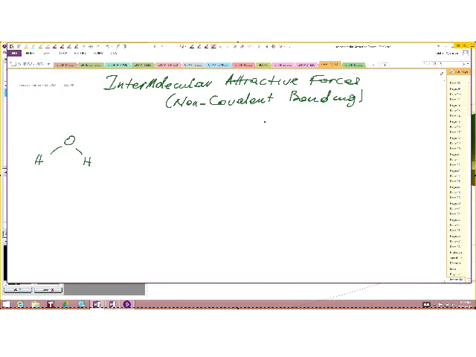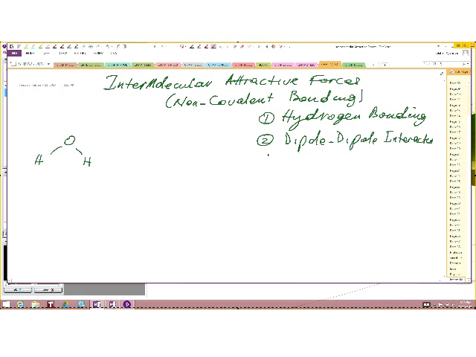So let me list these intermolecular attractive forces. One is hydrogen bonding, just as you guys have correctly said. Two is dipole-dipole interaction. Three, what we call van der Waals forces.